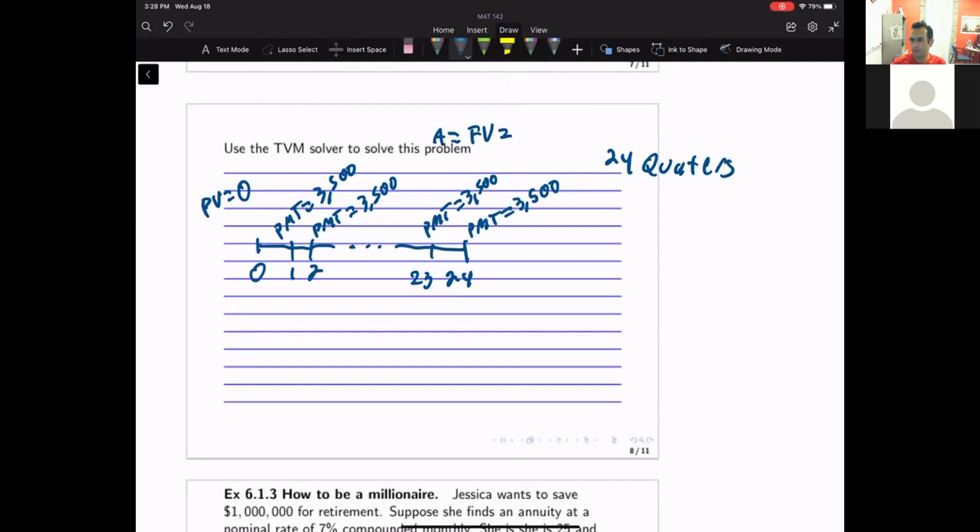we're going to go to Apps 1.1 on the calculator, and then we're going to have our variables here.